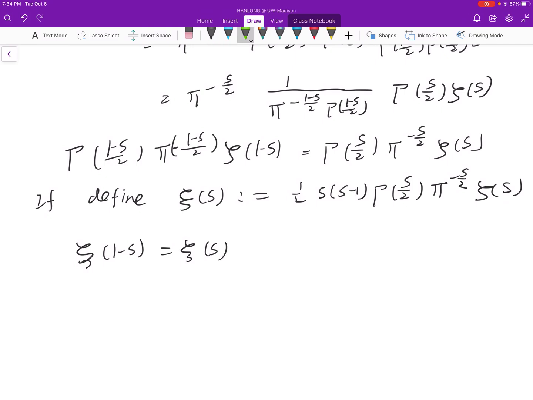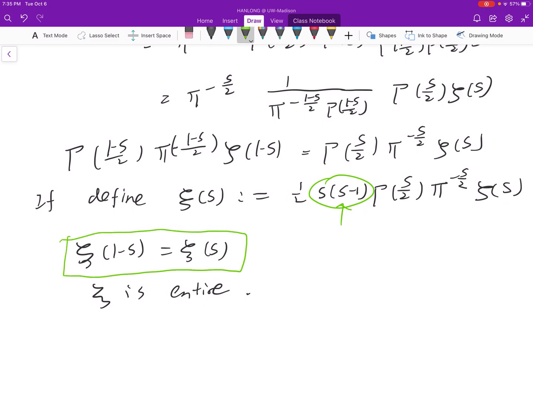The reason we multiply by this extra factor here is that after multiplying by this factor, ξ is entire. It's holomorphic on the whole complex plane. Then this will be a nicer form. But the disadvantage of this nicer form is that in number theory, it's not so closely related to the prime numbers.